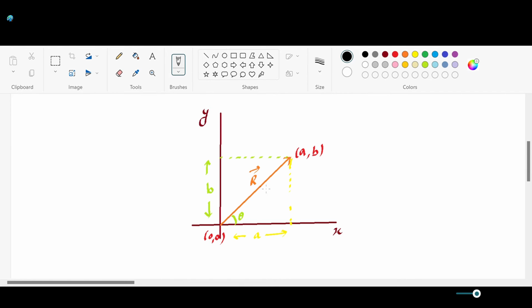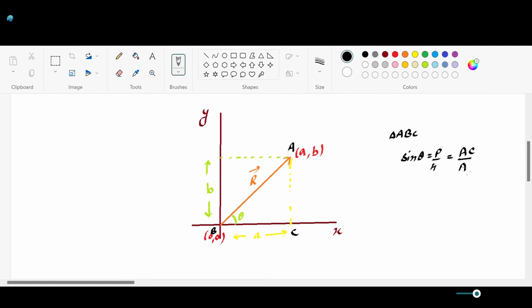So if r is a vector, let me call the points A, B and C. This is a triangle. For triangle ABC, we know that sine theta is perpendicular upon hypotenuse from 10th standard. So what's the perpendicular here? Perpendicular here is AC upon hypotenuse. What's the hypotenuse?